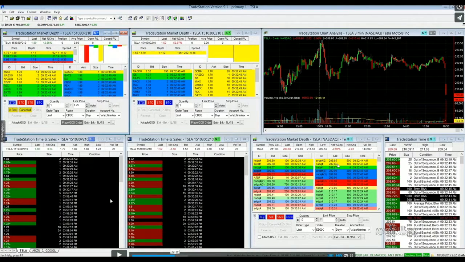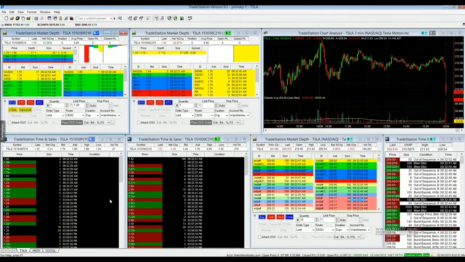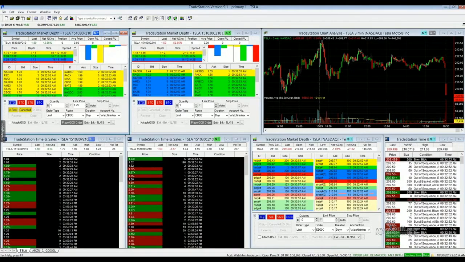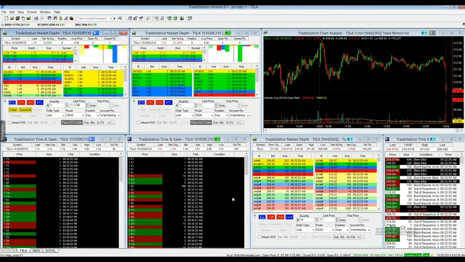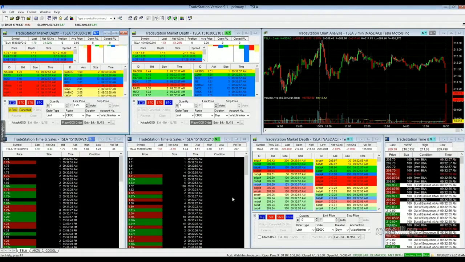But again, the main thing here on level 2 is we broke below 210, and I want to be getting commitment below 210. I know that 210 is a key level from the chart, but now I want to see what level 2 is telling me about 210. So I'm just going to let this play, let it run, and I will commentate along the way.